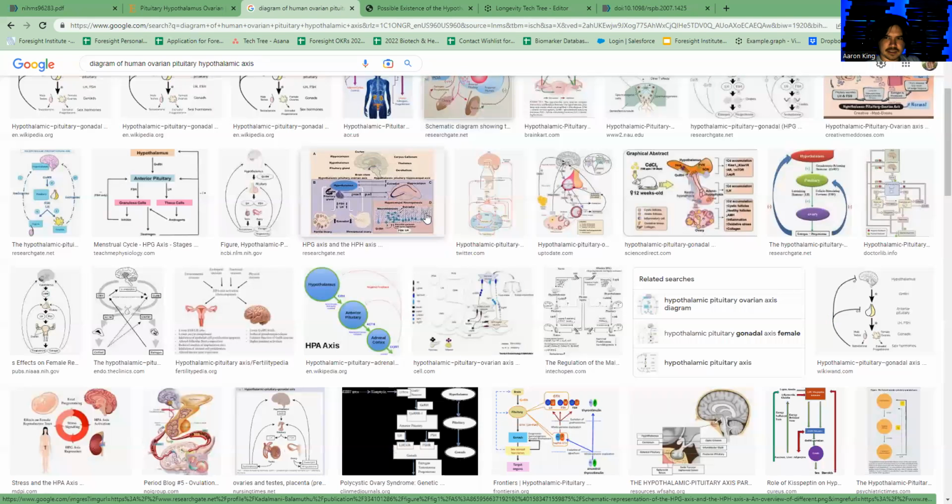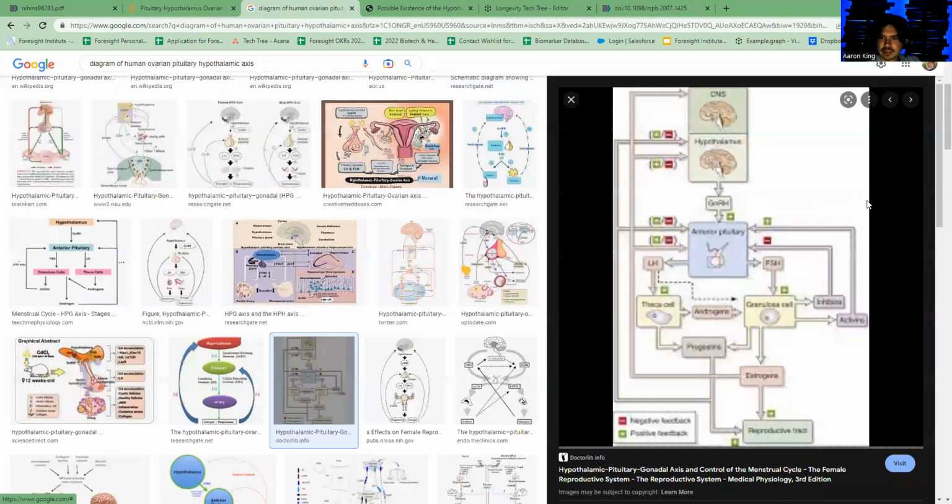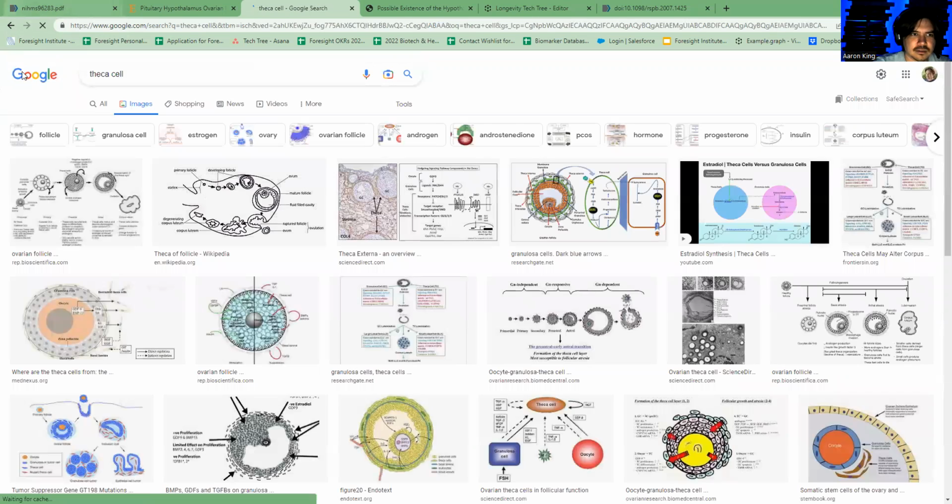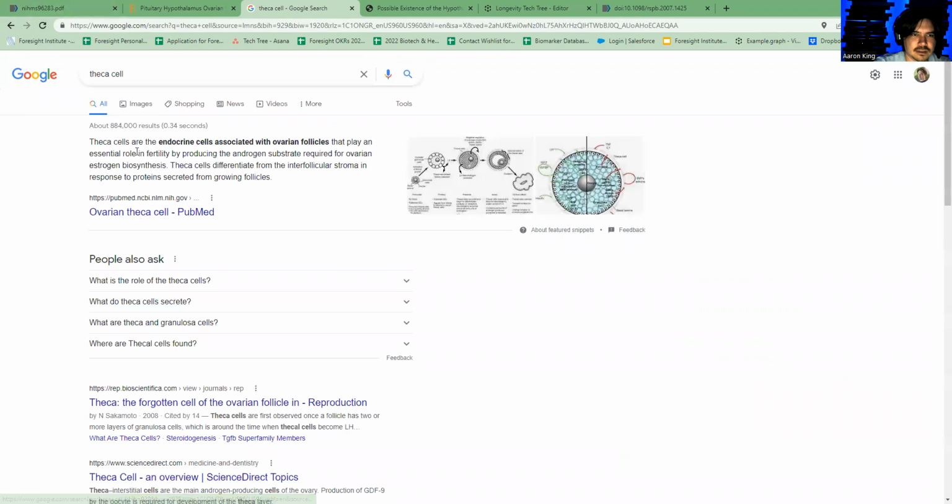Oh, what about this? Where is this from? Theca cell. What is a theca cell? Associated with ovarian follicle, essential for fertility issues and androgen substrate.